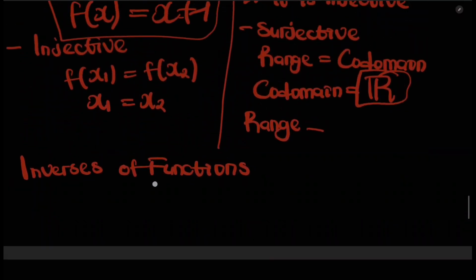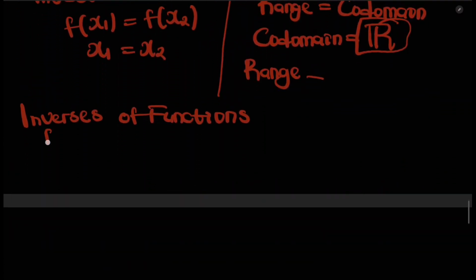Okay, to look for the inverse of f of x equal to x plus 1, the inverse of this function, we can also write it as f to the minus 1. That is what we can write for the inverse of a function. So we need to look for the inverse of that function.